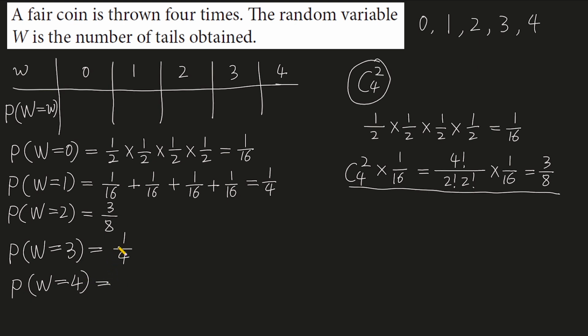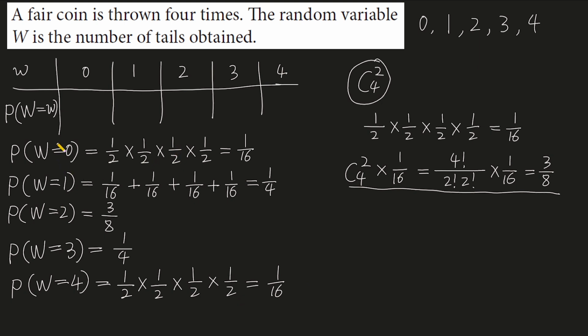This is that we got tails on all the 4 times. So the first time, the probability we get a tail is 1 over 2. The second time, 1 over 2. Third time, 1 over 2. Fourth time, 1 over 2. And this equals 1 over 16.